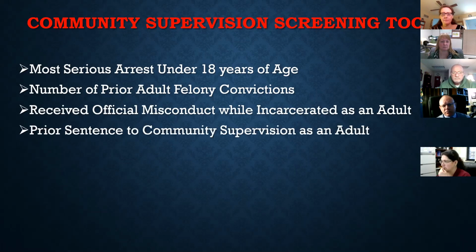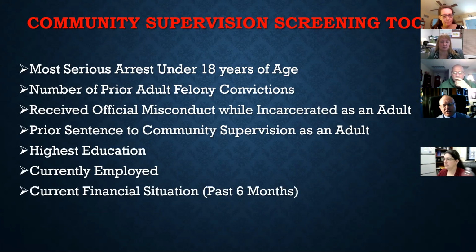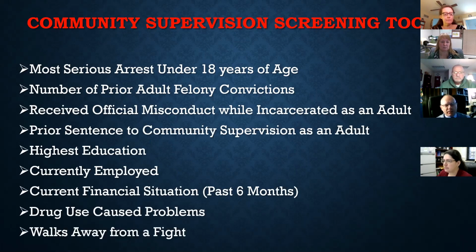Then prior sentence to community supervision as an adult, highest education, currently employed, current financial situation, looking at the past 6 months, drug use caused problems, and are you able to walk away from a fight? That last one is a very interesting question. I usually see some eyebrows raised at that question, but again, all of these are based on research.